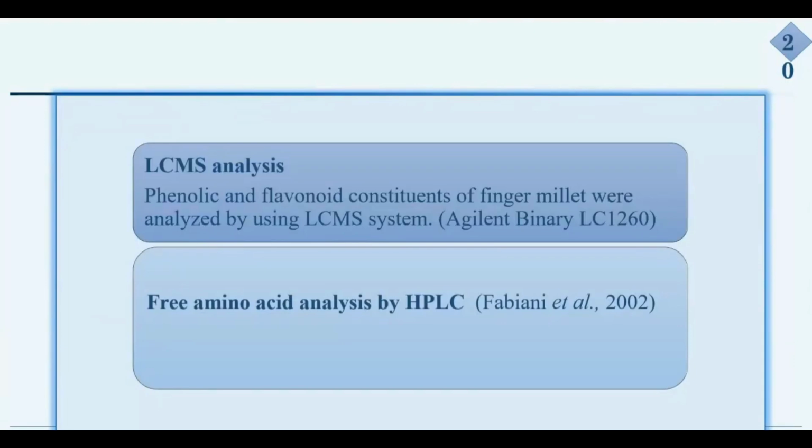Then, as I said about the modern tools, a number of modern tools are available. For example, LCMS analysis. First of all, when you think about a specific modern tool, then ask the question: is there really a need for this LCMS, or a specific modern HPLC or HPTLC or MSMS?